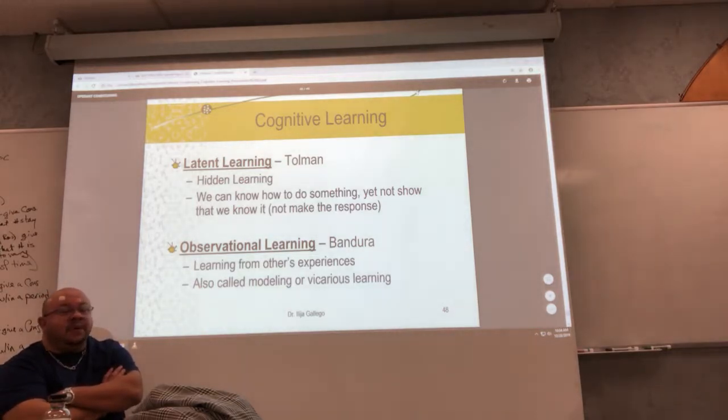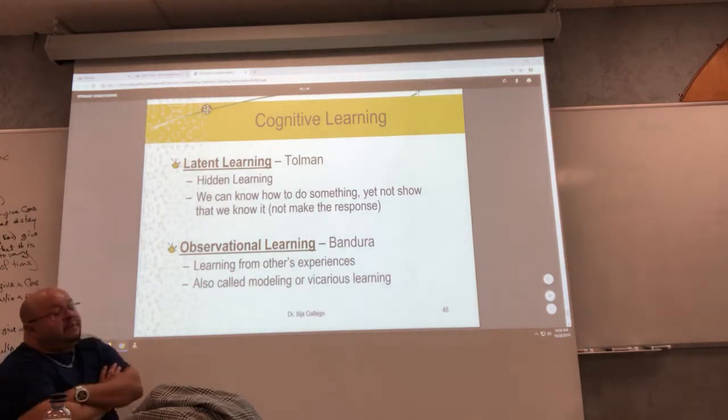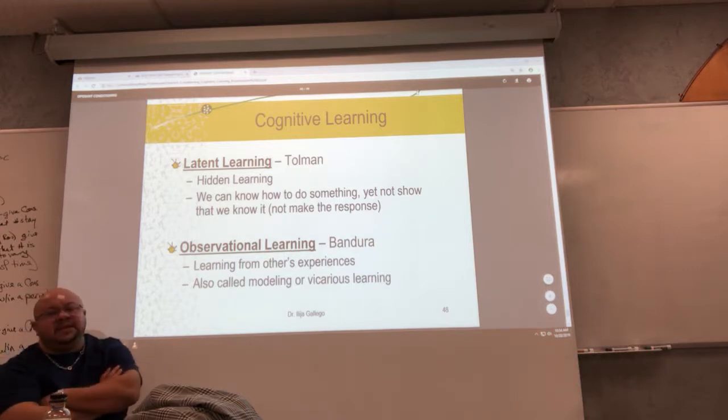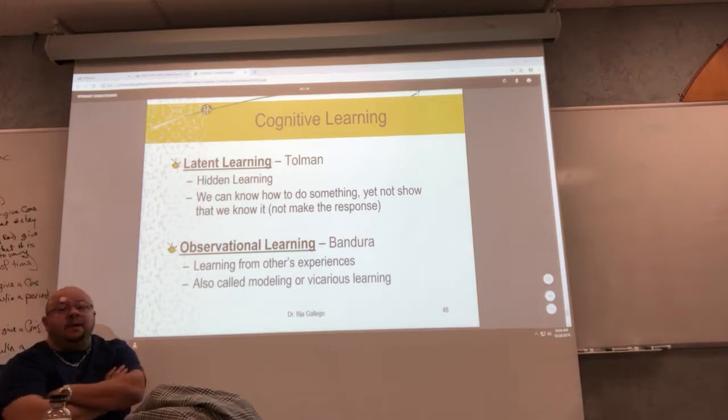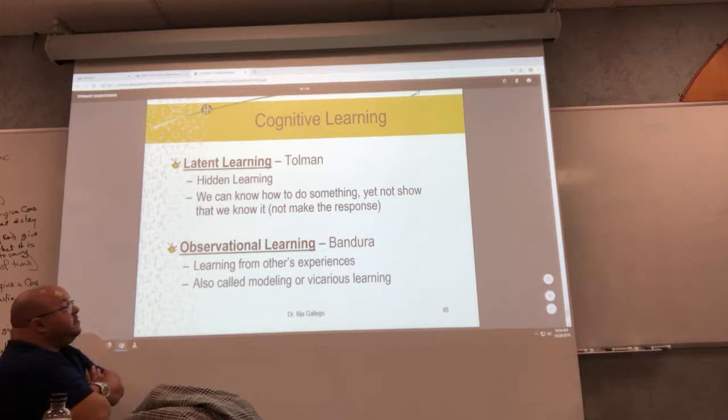And in operant conditioning, that would make us think the rat doesn't know how to press the bar. But Tolman is reminding us that you have to be motivated to show your behavior, that you can keep your learning hidden. Latent means underlying or hidden, okay? And we'll talk about an example of this here in a moment.